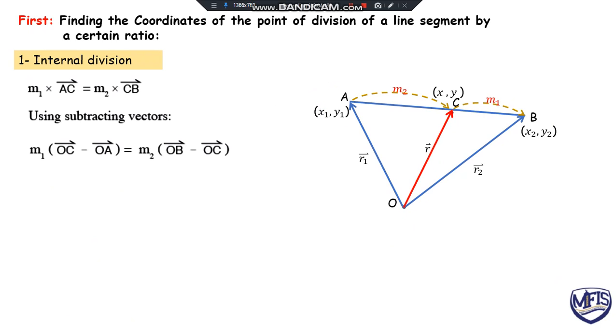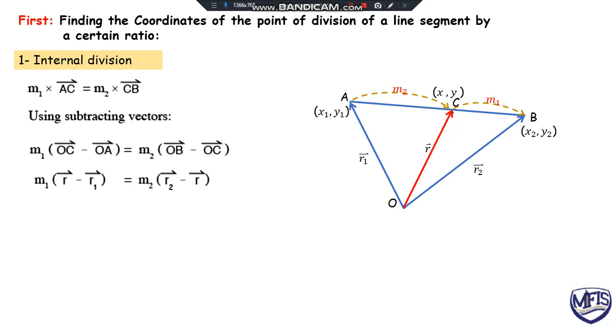So M1 multiply bracket OC minus OA, equals M2 multiply bracket OB minus OC. So we have OC represented by the vector R, and OA represented by vector R1, and OB represented by vector R2. Then we have M1 multiply vector R minus vector R1 equals M2 multiply vector R2 minus vector R.